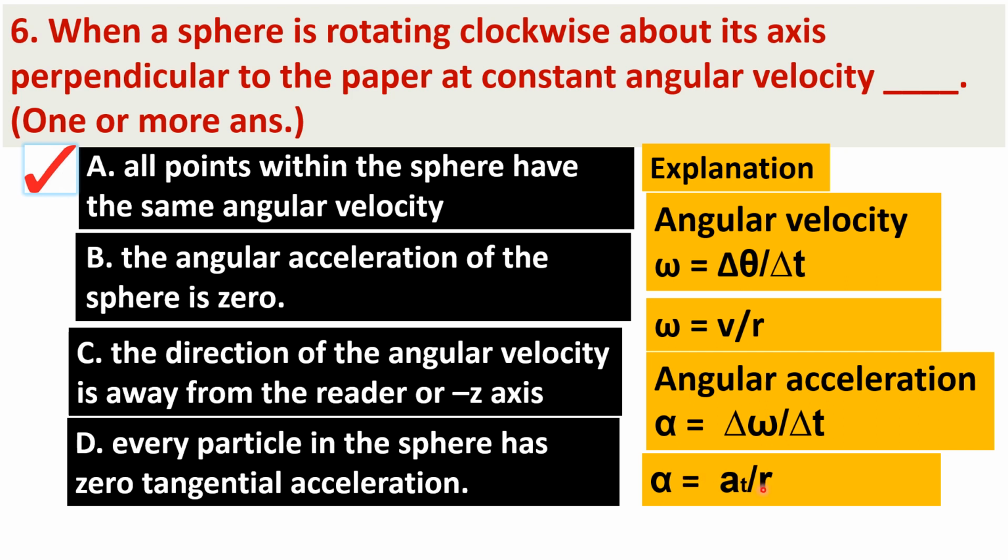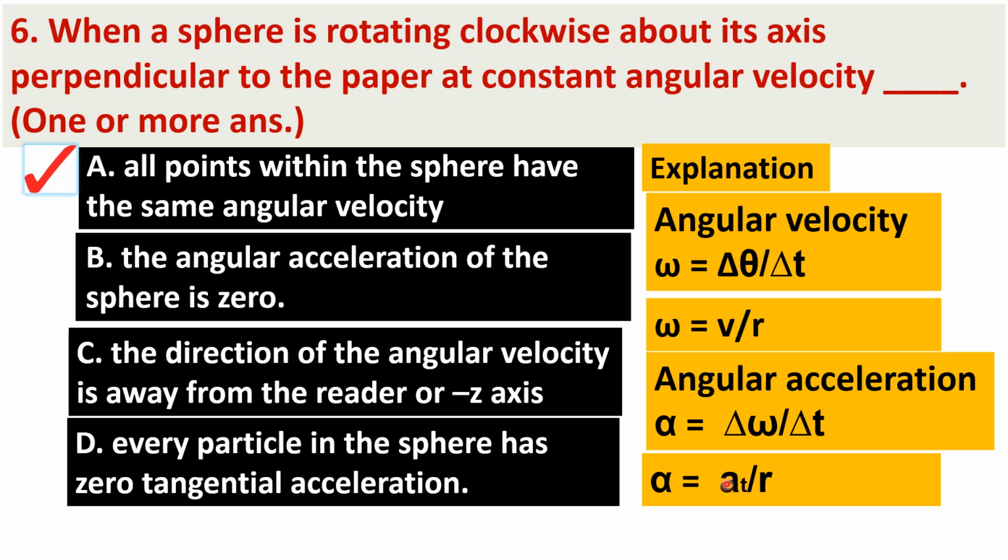So alpha is equal to tangential acceleration divided by the radius. That's how angular acceleration is related to a linear quantity, specifically tangential acceleration.